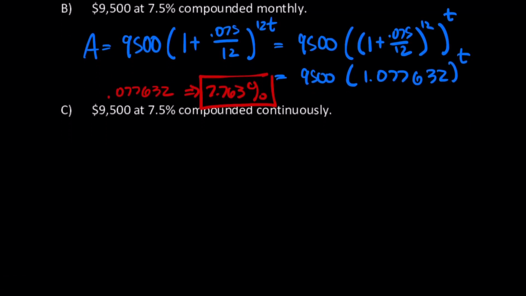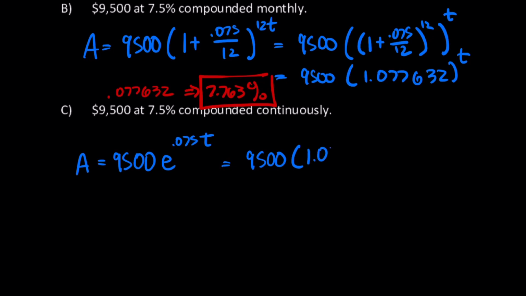This last one here, 9,500 at 7.5% compounded continuously. So this is what the formula would look like, times e to the 0.075t. So what I need to do now is calculate this. Okay, so that's 9,500, e to the 0.075 is 1.077884 to the t.